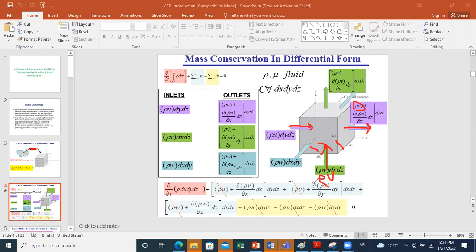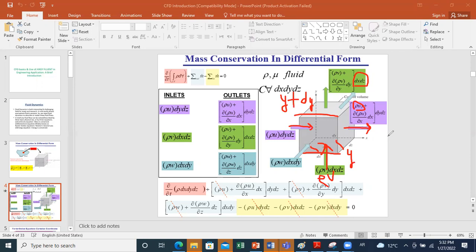Since I know rho v at a certain level y, if I want to find its expression at y plus dy, I can use the Taylor series expansion, and then I get rho v plus del rho v by del y dy, times the elementary area, which is dx times dz.